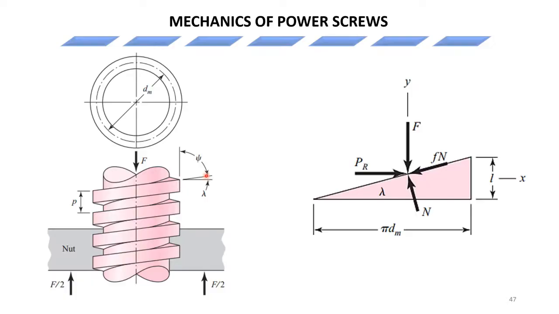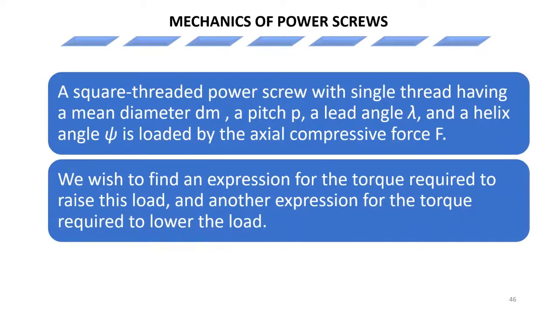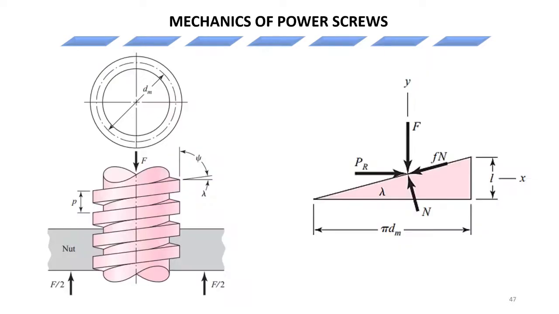Then we also have the lead angle lambda, which is the angle between the horizontal and the inclined surface of the screw. Let's cut this out and spread it. We cut out one complete thread, one complete revolution, cut at one point and open everything.